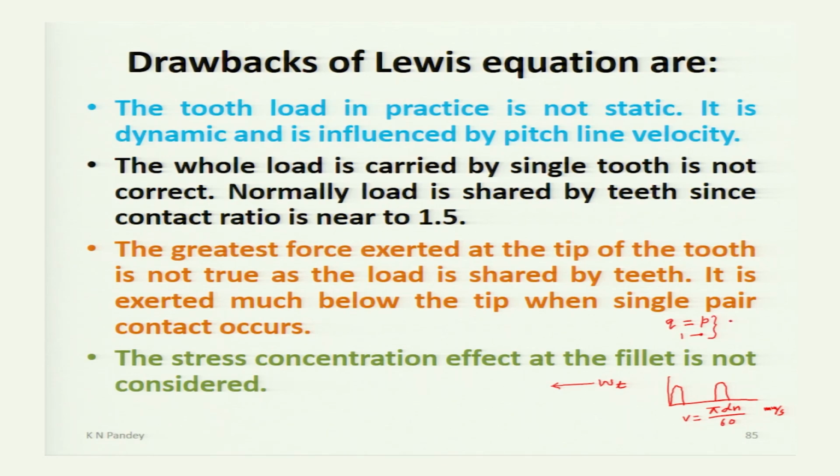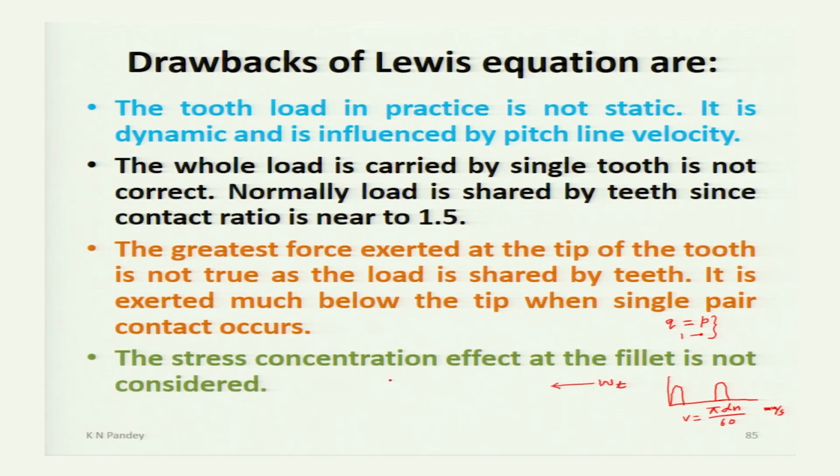We keep the contact ratio more than 1, and therefore there will be load sharing. Normally the contact ratio is near 1.5 or 1.2. The assumption that the greatest force is exerted at the tip of the tooth is not true, as the load is shared by teeth. It is exerted much below the tip when single pair contact occurs.